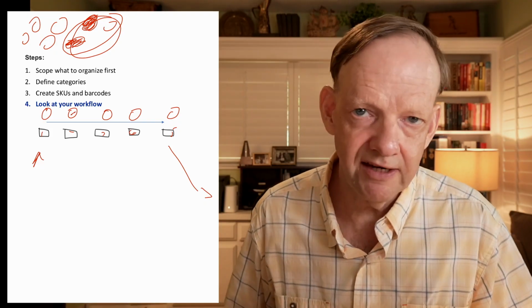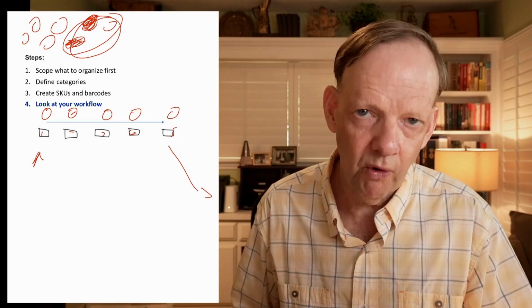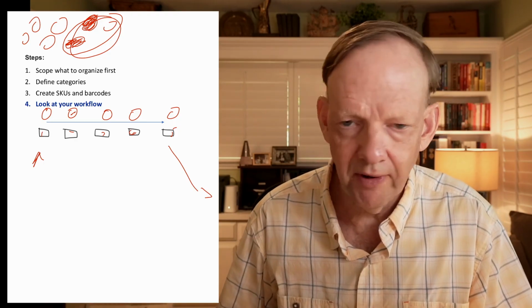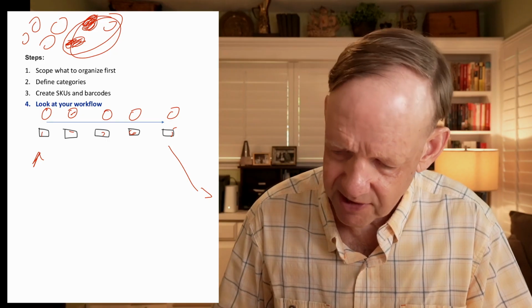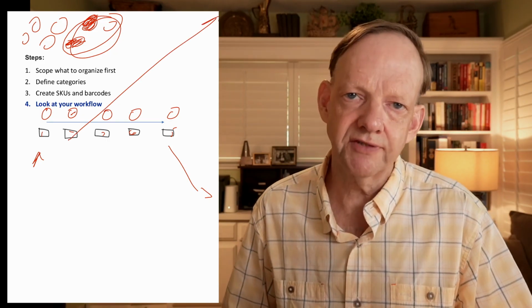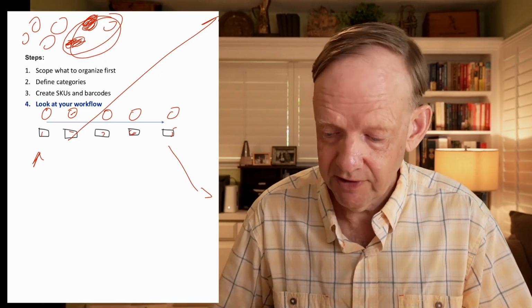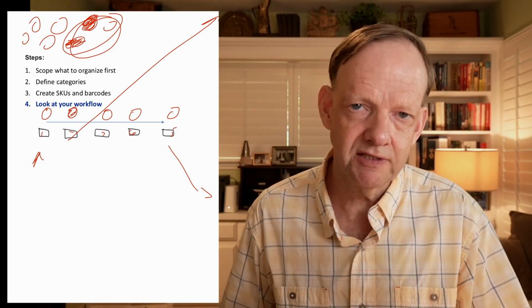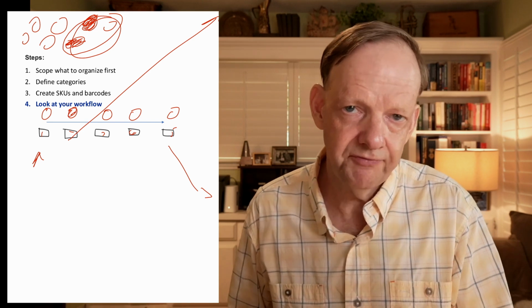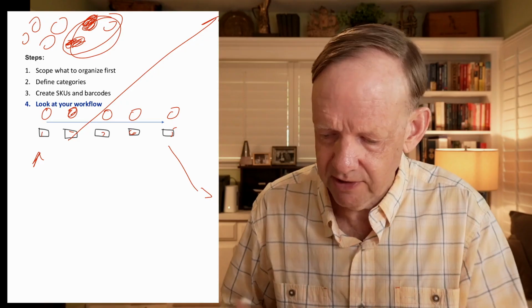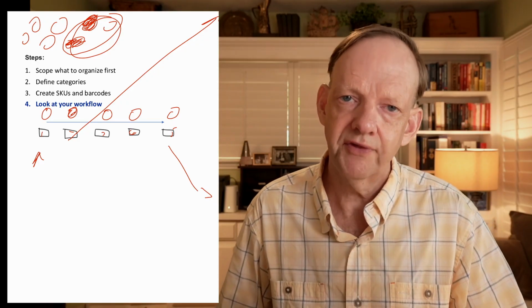Don't have them scattered in a warehouse somewhere, where the poor person has to get out of their seat and go to the far warehouse corner and find the things for step 2, whereas you could have had the things for step 2 to find here. So the workflow gives you the ability to maybe reconfigure physically how things are laid out, so they can be found and put into the workflow quicker than if they were in a random location.